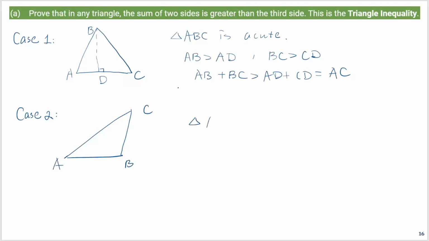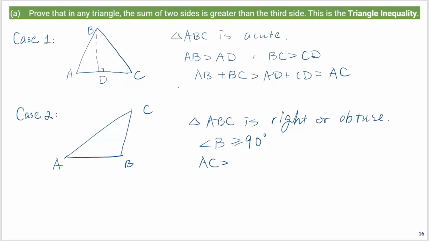In the second case, triangle ABC is right or obtuse. So that means angle B is greater than or equal to 90 degrees. Then clearly in that case we have AC is larger than AB and AC is larger than BC, right?